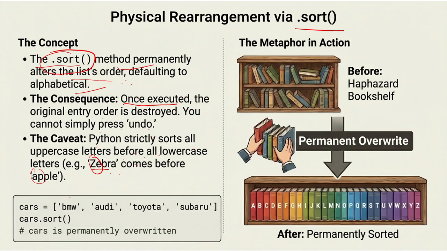Here we have this cars list with the items BMW, Audi, Toyota, Subaru. If we type cars dot sort, it will permanently change the order of items within this cars variable. It will sort them alphabetically. That's why they are saying it's a permanent override.